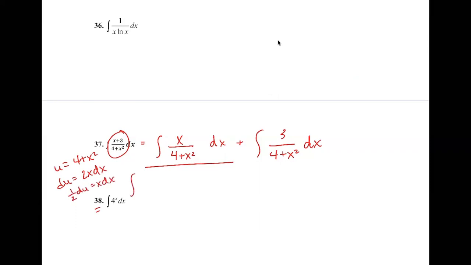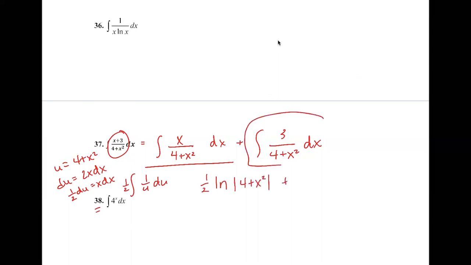So we'd be integrating, you put the 1/2 out front, 1 over u du, which is really what? The natural log of u. So we would have 1/2 times the ln of 4 plus x squared.